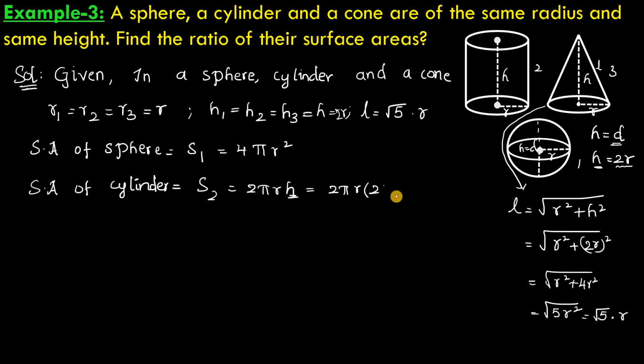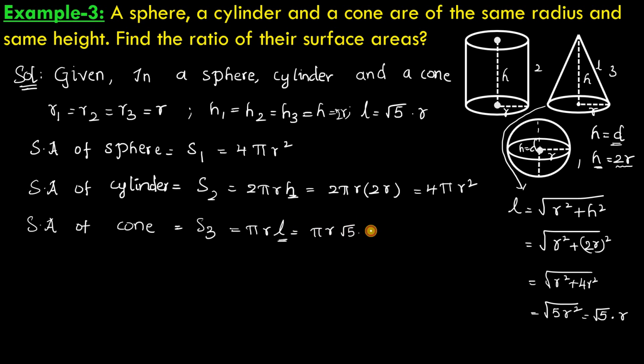I am substituting that. 2 2's are 4 and r into r is r square, so 4 pi r square. Surface area of cone S3 equals pi r l, where l is root 5 into r. If we substitute it here, we get root 5 into pi r square.